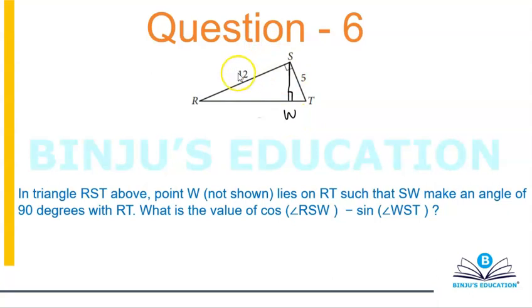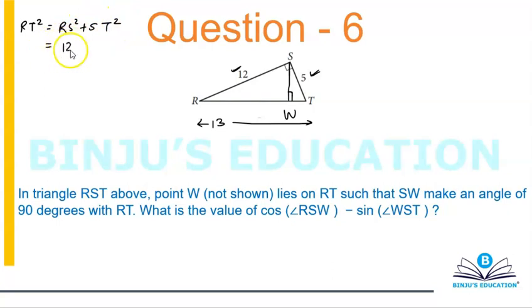Another thing is this is 12, this is 5. So one thing is for sure that this will be 13. How? You can use the Pythagoras theorem, because angle S is 90 degrees. So RT square will be equal to RS square plus ST square.